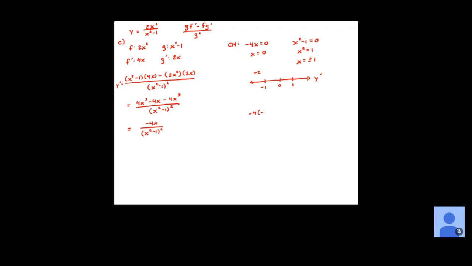So we'll have negative 4 times negative 2 over negative 2 squared minus 1 all squared. All right, in this case, numerator here is going to give us what type of value? Positive. Denominator is going to give us what type of value? Can we ever get anything other than a positive value in the denominator?